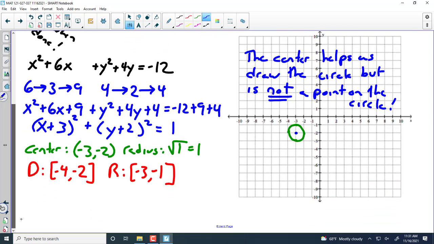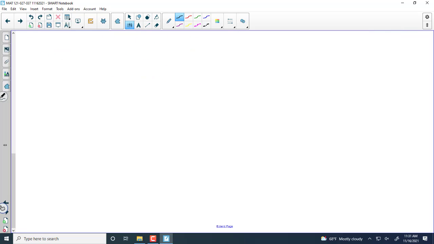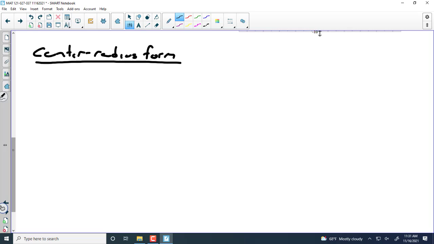So let me make a few more remarks about circles. What we kind of have is we have what we call the center radius form of a circle, and then we have the general form of a circle.